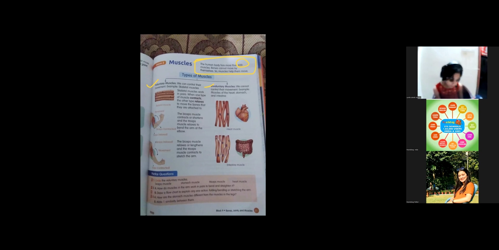So what are voluntary muscles? Voluntary muscles are those which are under our control. Voluntary muscles are the ones which we can control. For example, our hands and our legs: these muscles are under our control.